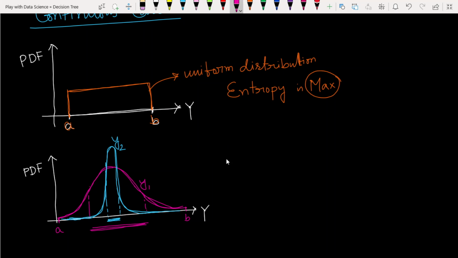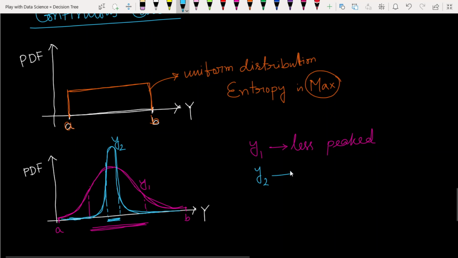So in such cases, y1 is less peaked, and y2 is very peaked.